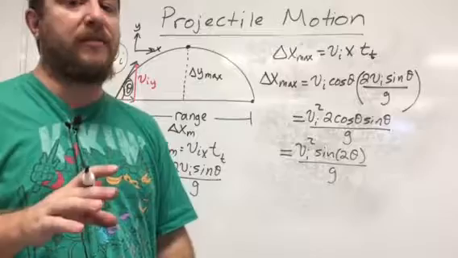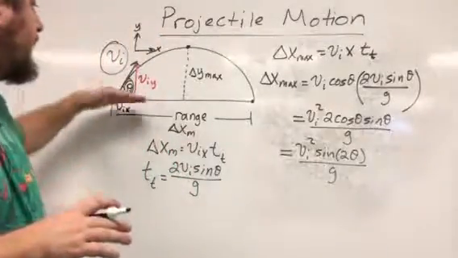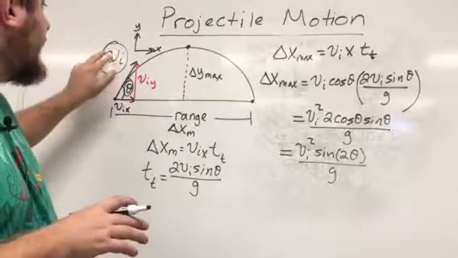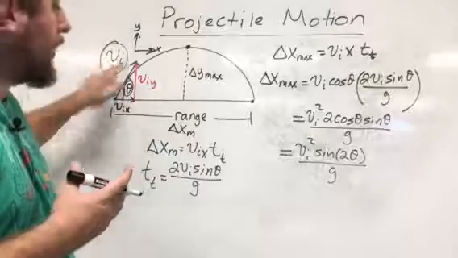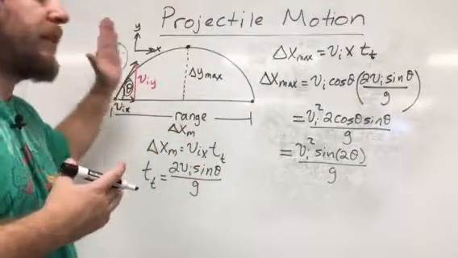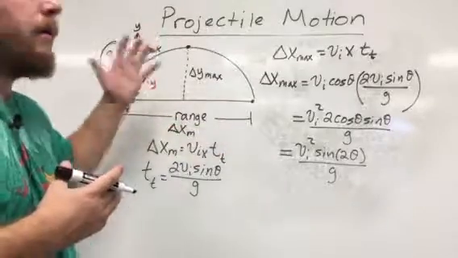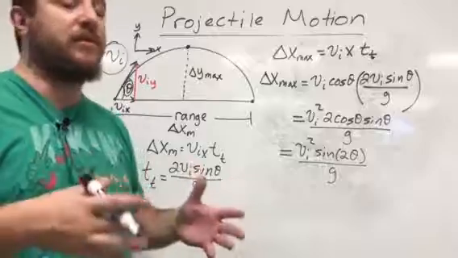As you may have guessed, if I have a given launch speed and I can adjust the angle, what angle is going to give me the maximum range? The intuitive guess is 45 degrees, and in the absence of air resistance, that is absolutely correct.